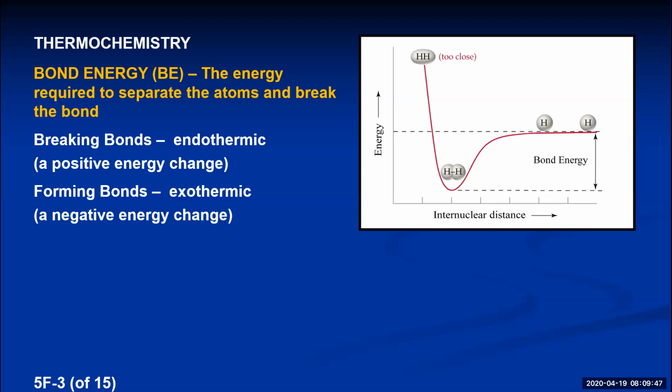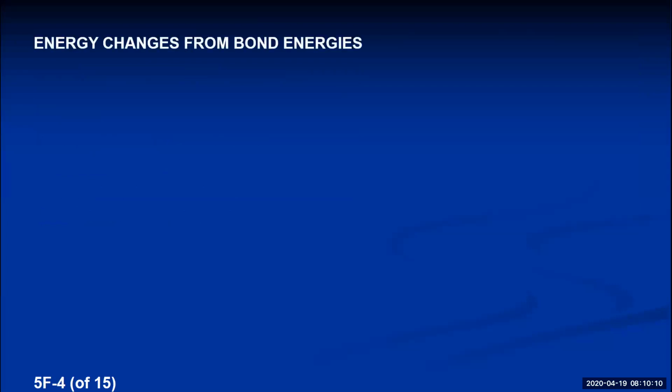We're going to use these two relationships here to start making some predictions about chemical reactions, because this is going to be one of the main thrusts of this particular chapter. When a chemical reaction occurs, can we predict how much energy is released or absorbed during that process? And we can do that by knowing the bond energies of all of the bonds in each of the reactants and products in a chemical reaction.